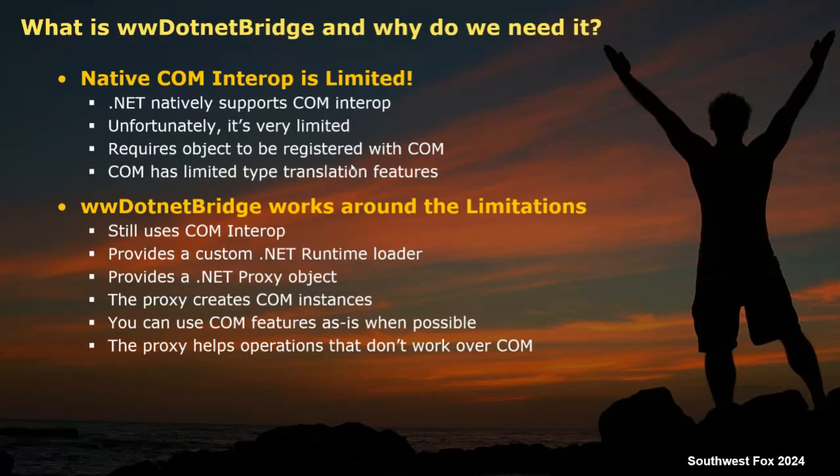So instead, you can get an instance of that object, create it, and then actually indirectly invoke methods on it. So on the wwDotnetBridge object, there's an invoke method that you can call to invoke a method indirectly from within .NET, and then basically bring the results back to you via the indirect proxying methods.